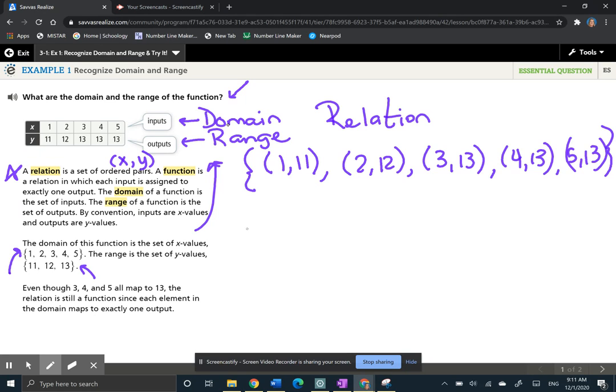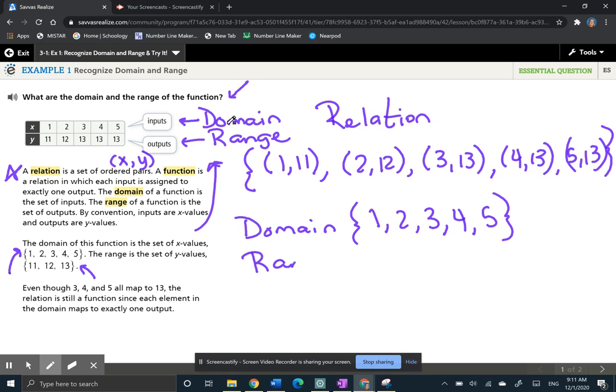I would write it like this: domain, curly brackets, 1, 2, 3, 4, 5, and range, 11, 12, 13. Even though 3, 4, and 5 all map to 13, the relation is still a function since each element in the domain maps to exactly one output. We're going to talk about this later.